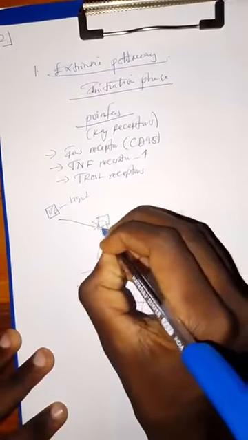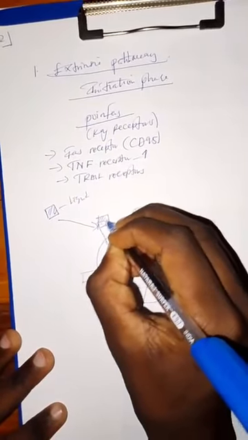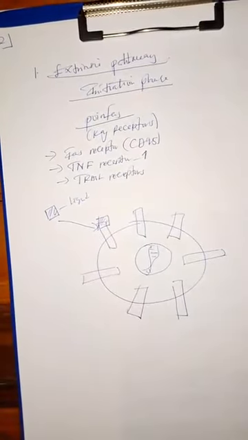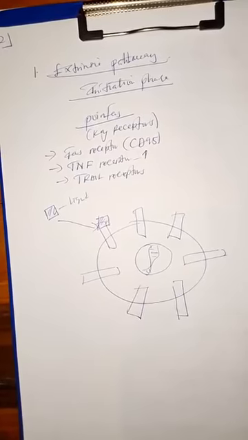When the ligand binds to the death receptors, also called the Fas CD95 receptor, the multiple receptors will come together and form the domain called the death domain.